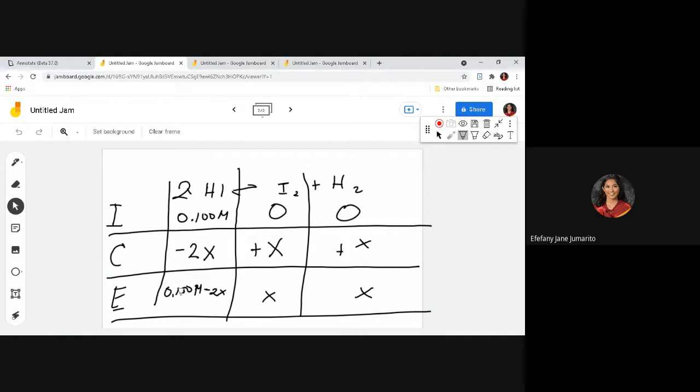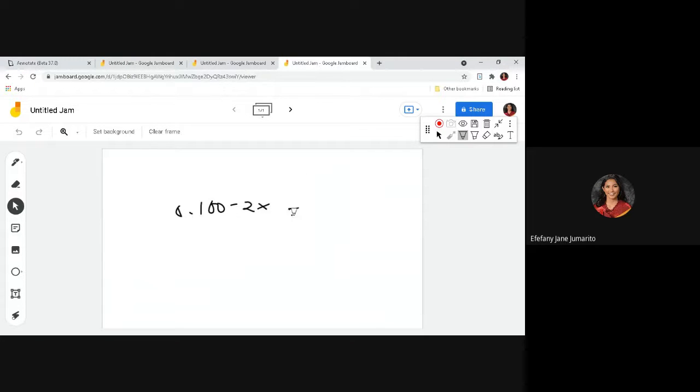That means that 0.100 molar minus 2x is equal to 0.078. Now, makita na nato ang value sa x, class. So let's get the value of x.